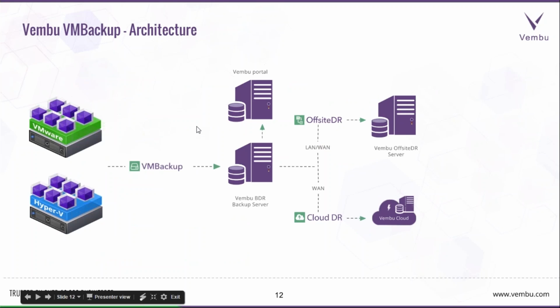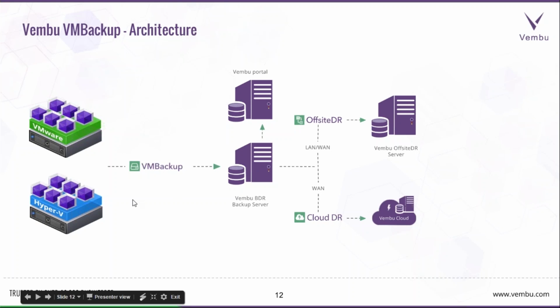So when we speak about Vembu VMBackup's architecture, when you directly add a VMware server or a Hyper-V host server on a VDR server console, VMBackup is actually an integration service or a proxy that communicates with that VMware server or the Hyper-V host server.